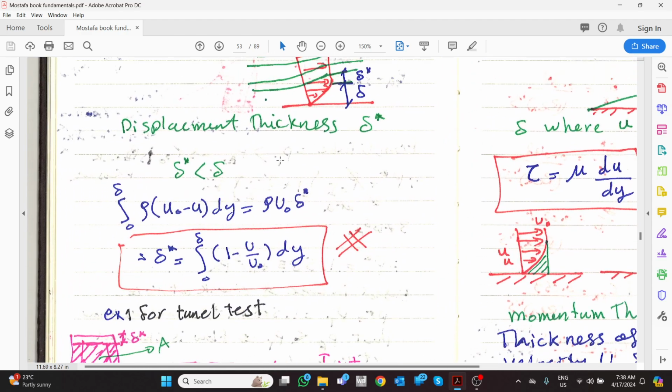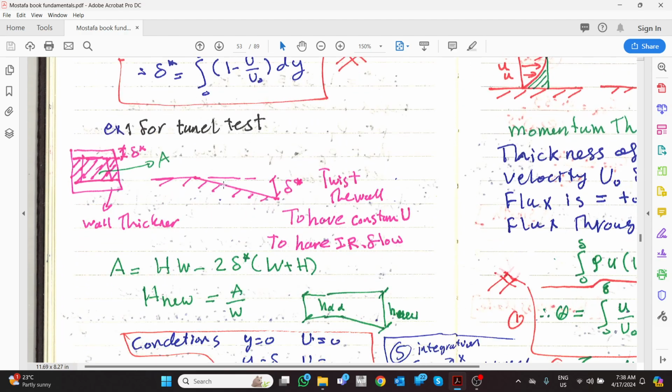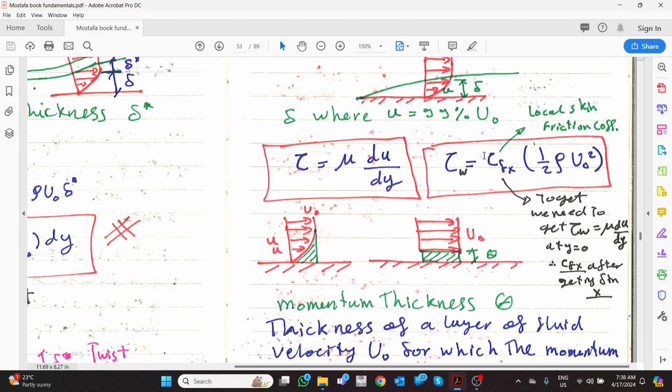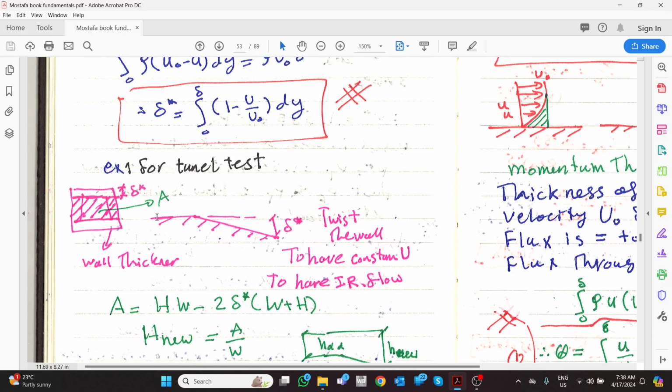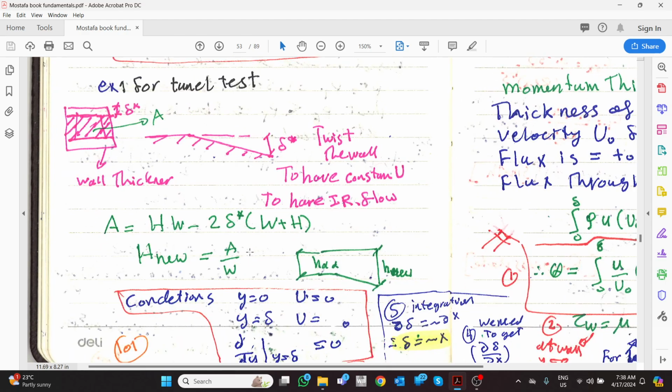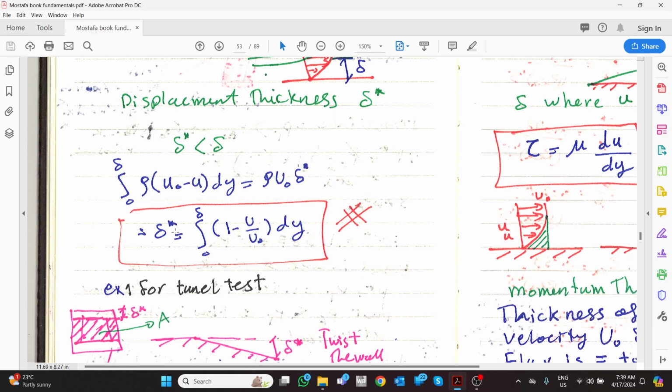Of course, the displacement thickness changes over x, which means it is going to increase as you move along, because the boundary thickness is increasing while you're moving. So if you want to know what the area at the end needs to be, you need to ask yourself what the velocity is that I need to know, and what the displacement thickness is.